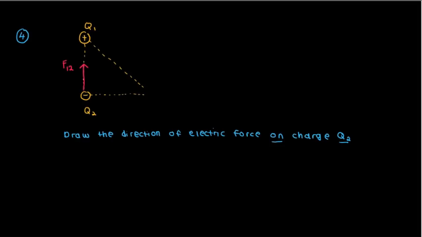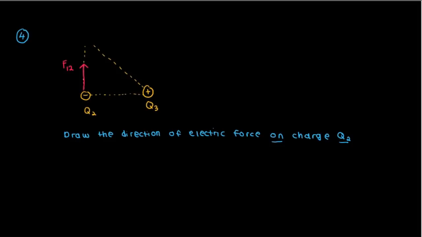Okay, and then we want to draw the direction of force Q3 on Q2. So just rub this first. Okay, we draw back the charge Q3 just now. Now we want to draw the direction Q3 on 2.